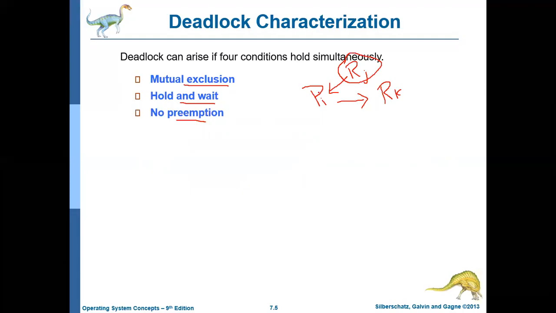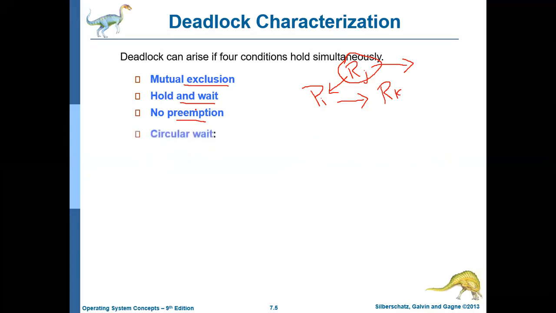If a resource is allocated to a particular process, then the process should voluntarily give up the resource. Until the process voluntarily gives up the resource, the operating system cannot forcefully take the resource out from the process. So that is called no preemption. That is the third condition.